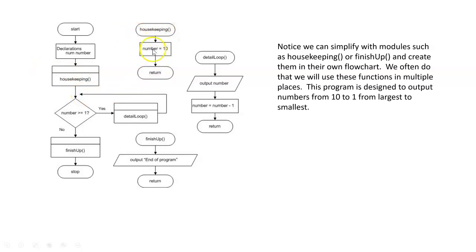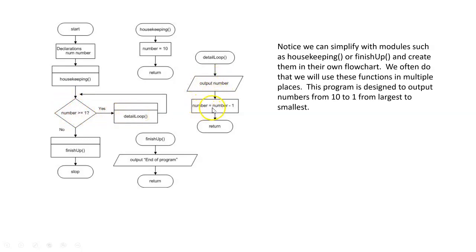In this case, the housekeeping function only says, I'm going to set the number to 10. And then once it returns, it comes back to its original spot. So it then asks a question. Is number greater than 1? Well, we set it to 10, so number is greater than 1. It comes into this detail loop.